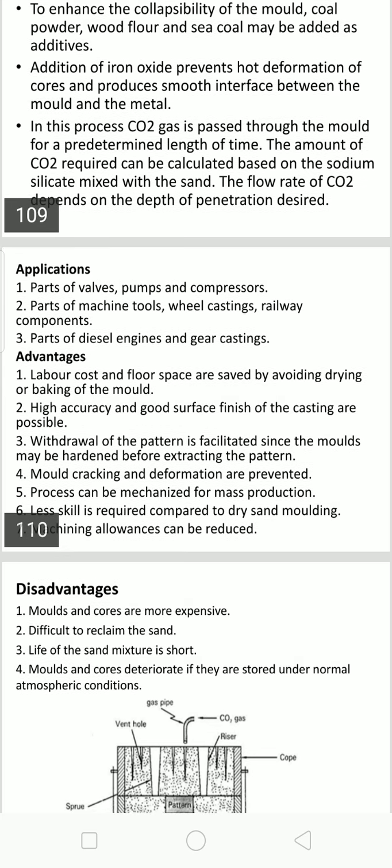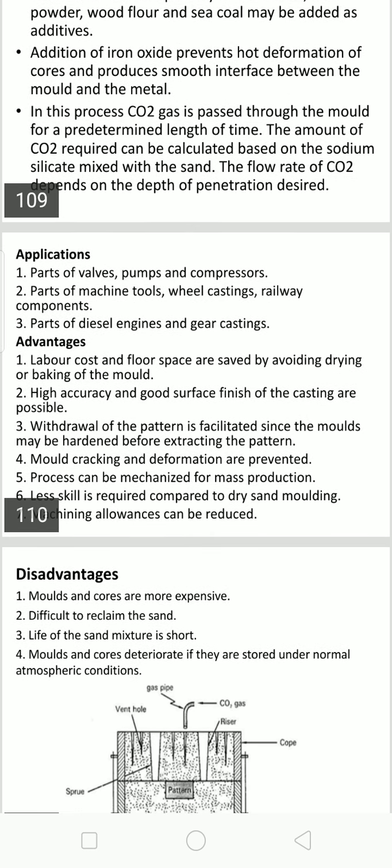So it is not used for storing; as and when you prepare, you can use it for molding and later for obtaining the casting. Applications: parts of valves, pumps, compressors, machine tools, wheel castings, railway components, diesel engines and gear castings and many other industrial applications can be obtained with this CO2 molding process.